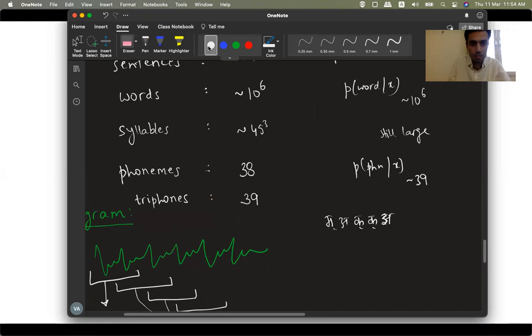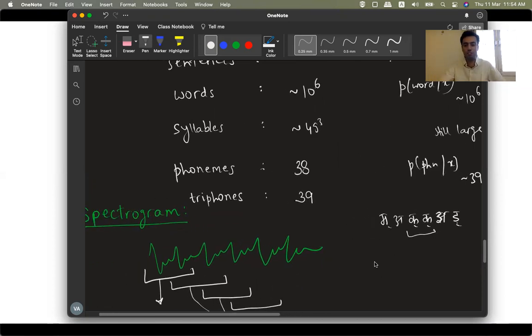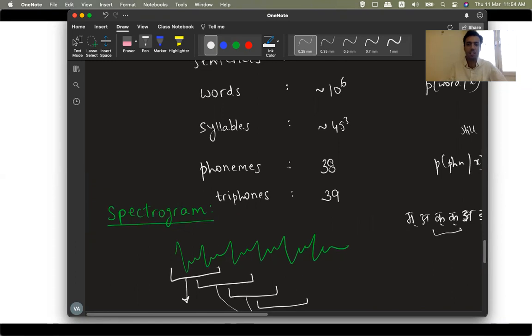This is makkad, where we have double ka. So your triphone will also have double ka. So in general it could be 39 to the power 3, something of that order, right? Of the order of 39 to the power 3, because there is silence also.